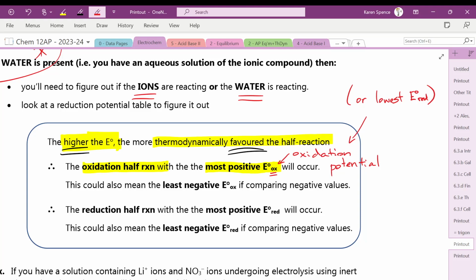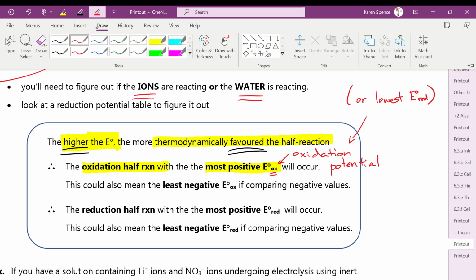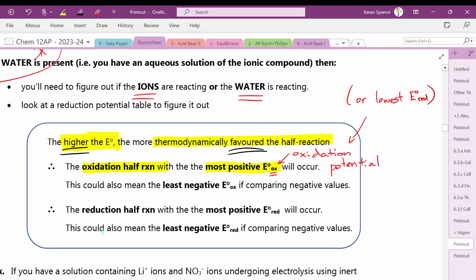Yeah, higher would work. All right, next. So with our reduction potential, same thing, except in this case, we are looking at the most positive reduction potential. In other words, the least negative if you're comparing negative values.